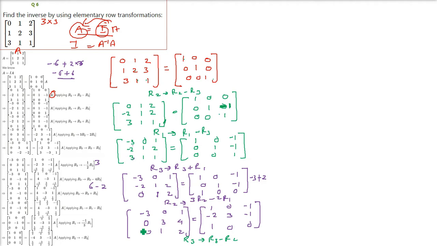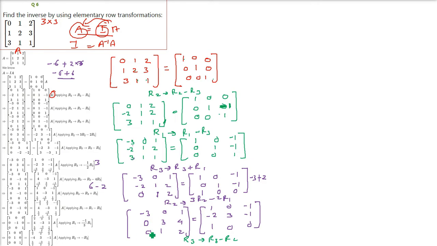Row 3 only will be changed, by subtracting row 2 from row 3. So 0 minus 3 is minus 3, 1 minus 0 is 1, and 2 minus 1 is 1, because we need a 1 in the diagonal. That is what we are doing. We need 1 in the diagonal and other values to be 0 on the left hand side. So R3 will be changed to R3 minus R2.